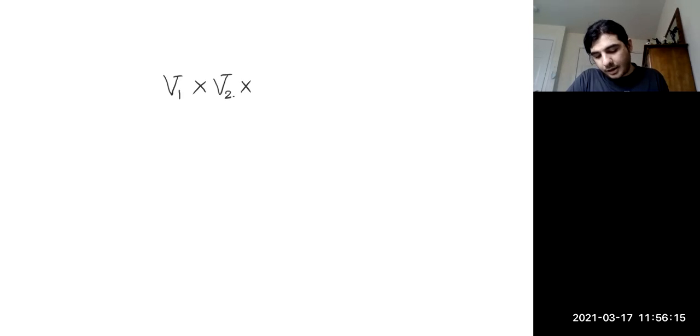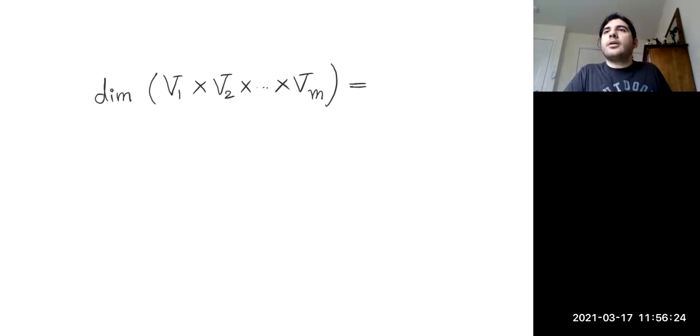So there are a few things to note here. One is the dimension of this new vector space. So I had V1, V2, etc. I looked at their product. I get a new vector space, and I want to see what the dimension of this new vector space is. What is the dimension?